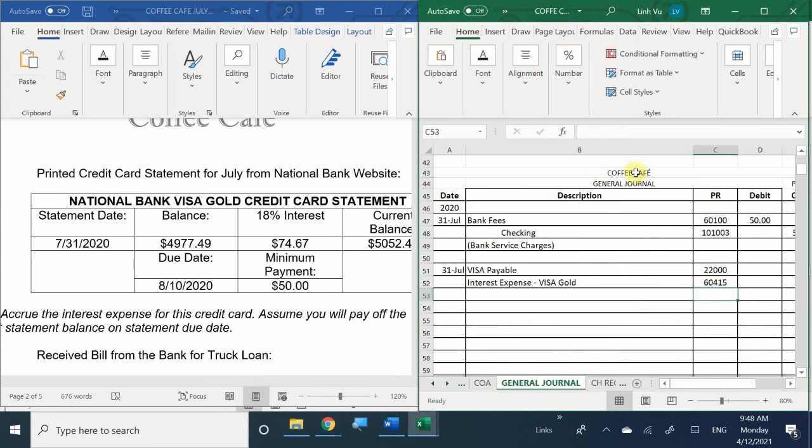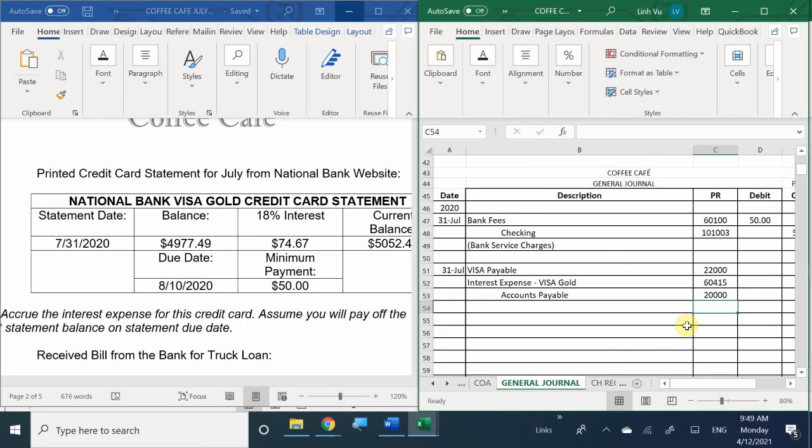Okay. And then we recognize that we're going to utilize it as a payment. Okay, so here, accounts payable for my 20,000.